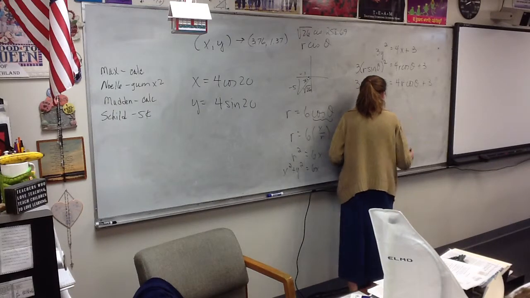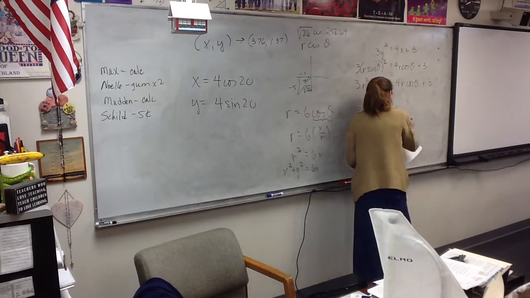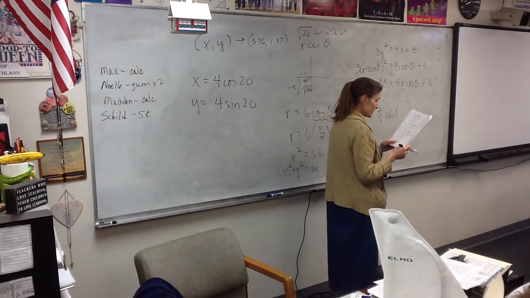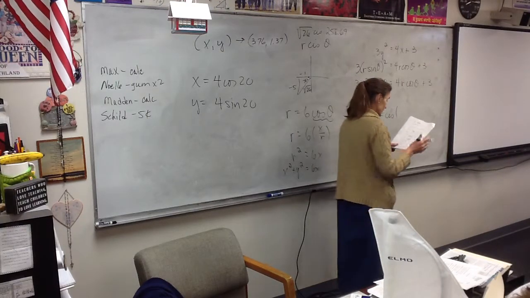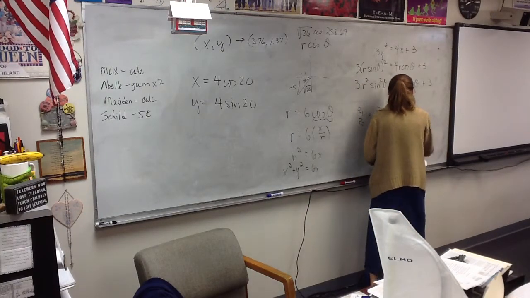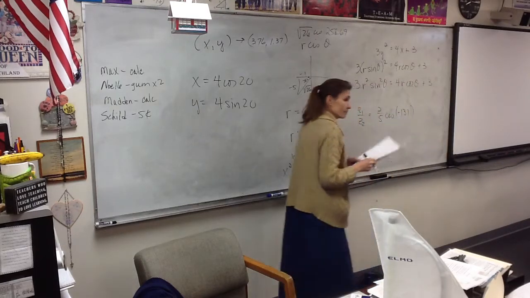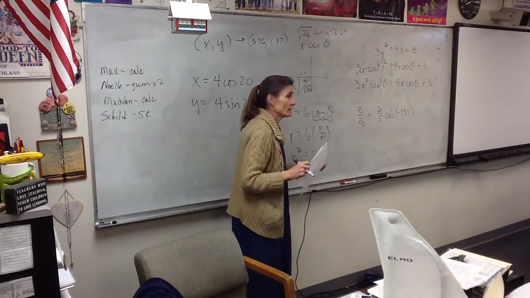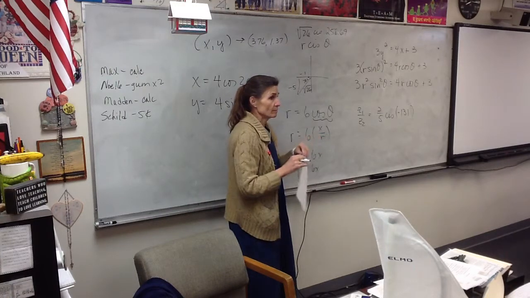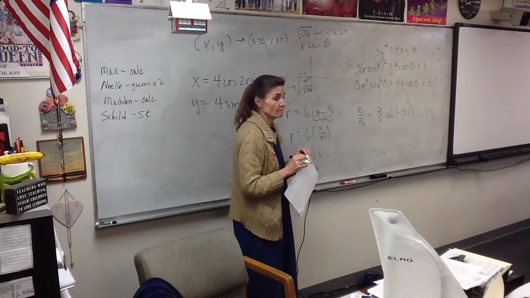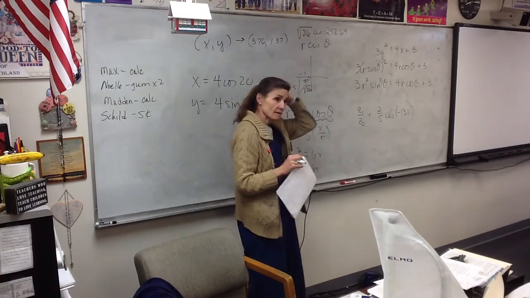2/5 cis... What's 70 minus 201? Negative 131. You want to leave that in the answer blank? No, because we're not supposed to have a negative there.